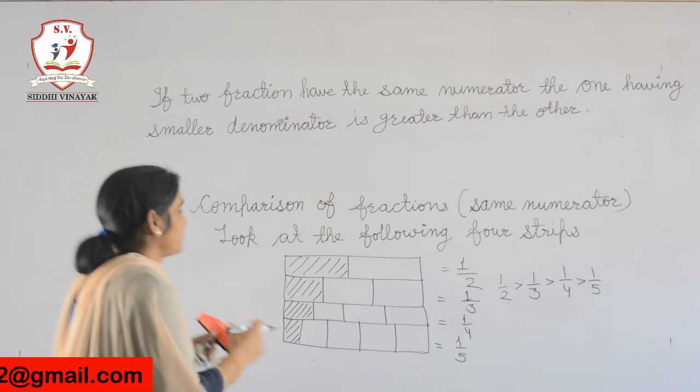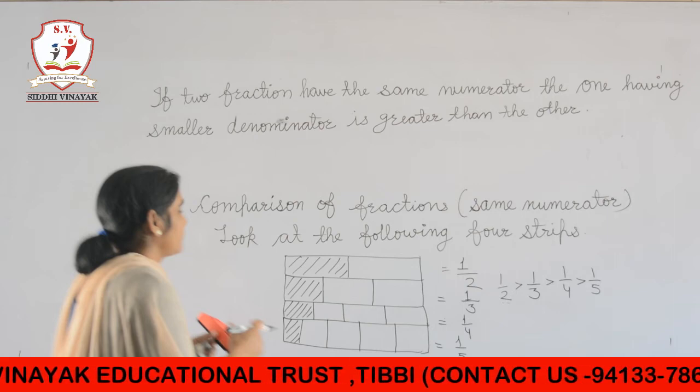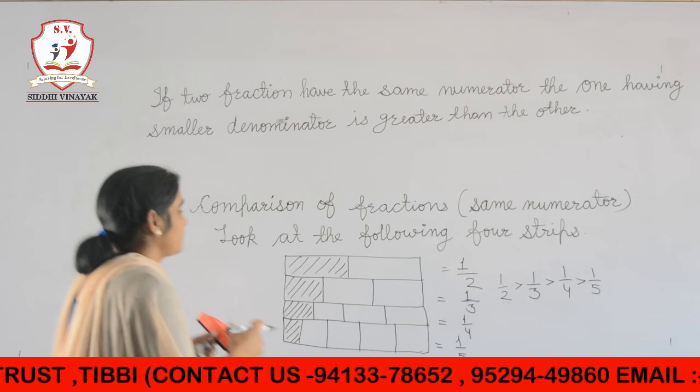What is our numerator? 1 is our numerator, 4 is our denominator. 2 is our numerator, 4 is our denominator. 3 is our numerator, 4 is our denominator.